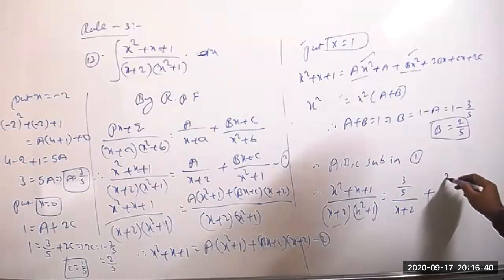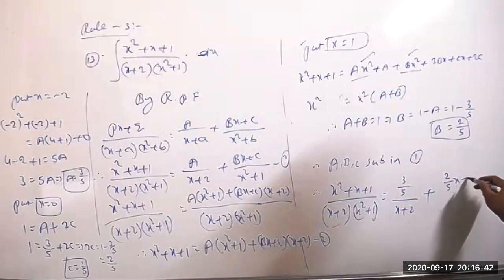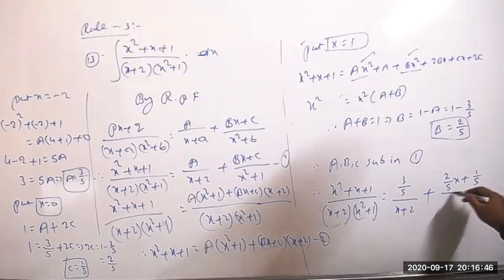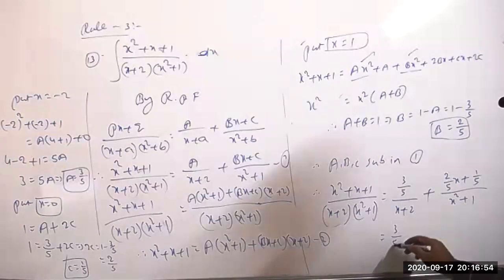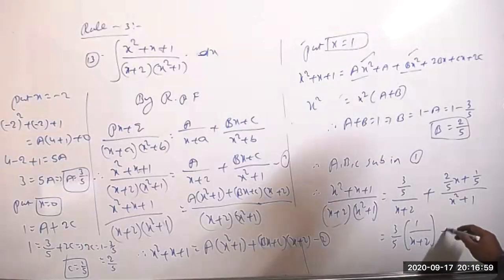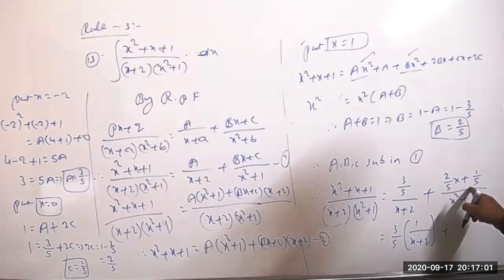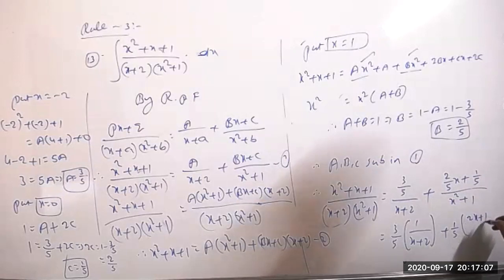The value of b equal to 2 by 5 x plus c equal to 1 by 5, 1 by 5 whole by x square plus 1. Now I can simplify this. 3 by 5 can be taken outside: 3 by 5 into 1 by x plus 2, plus, taking 5 as LCM, 2x plus 1. So 1 by 5 you can take outside, into 2x plus 1 by x square plus 1.